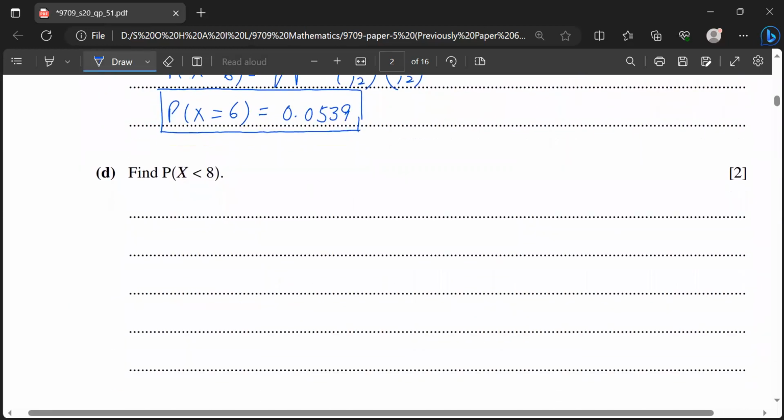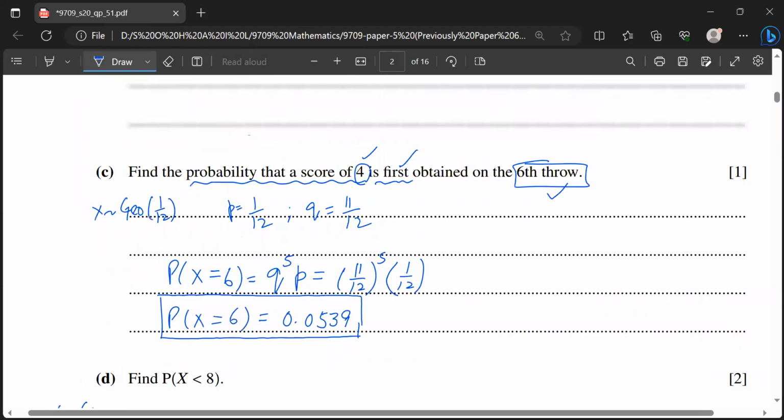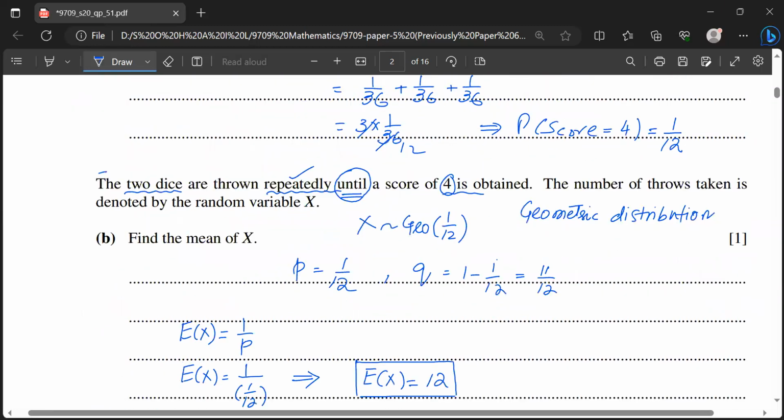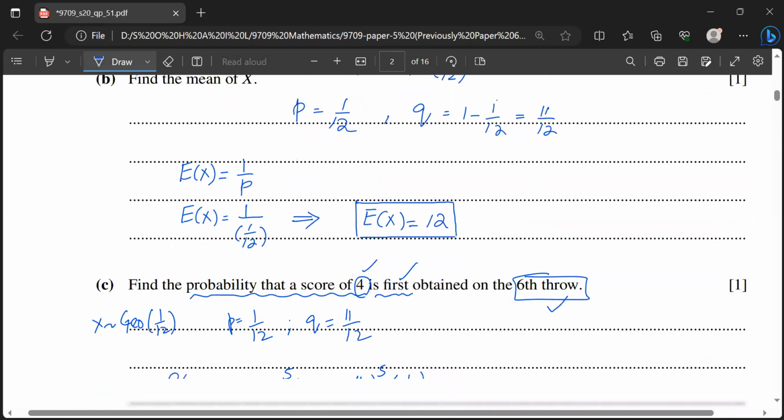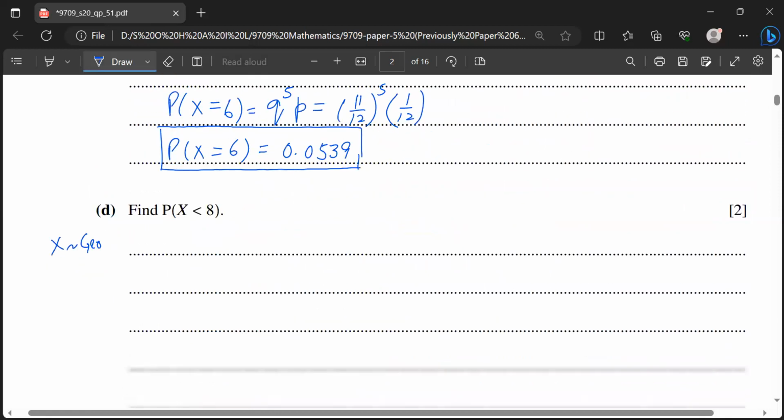Next, find the probability that X is less than 8. Again, one thing is clear, that this question is of geometric distribution, because here we have the common statement for the rest of the parts B, C, and D. We decided this is geometric distribution because of the word until, and because a fixed number of trials is not given.